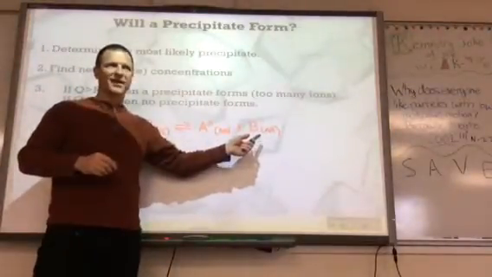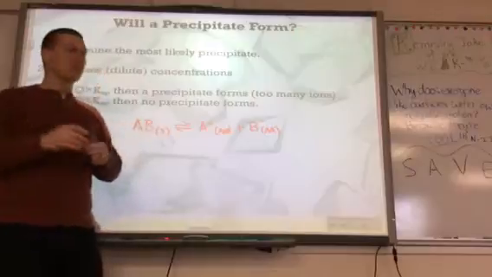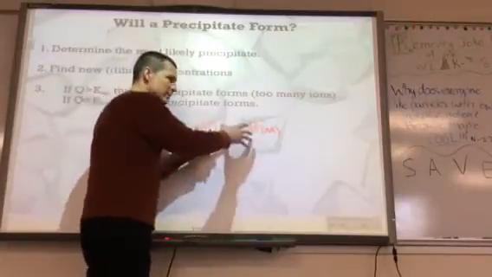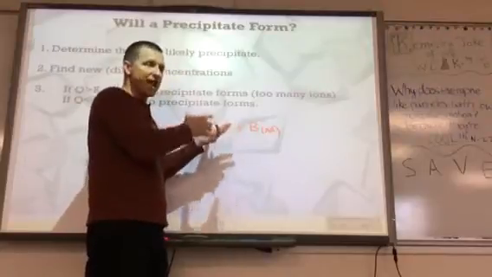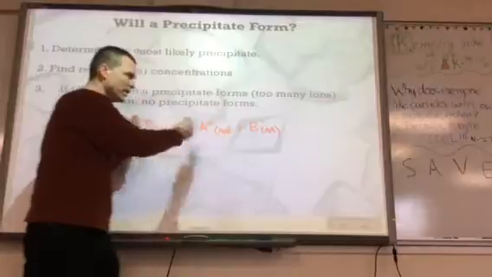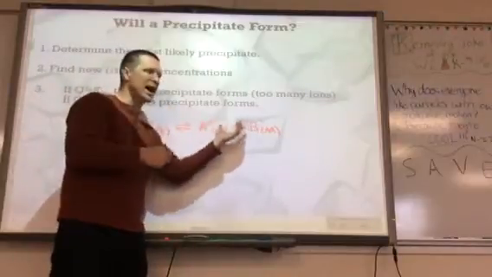And there's going to be problems where you won't have any solid to begin with. You're just going to be given concentrations of ions, and it's going to ask you if a precipitate forms. Well, you still need to write the equation like this, because you're going to be given the ion concentrations.